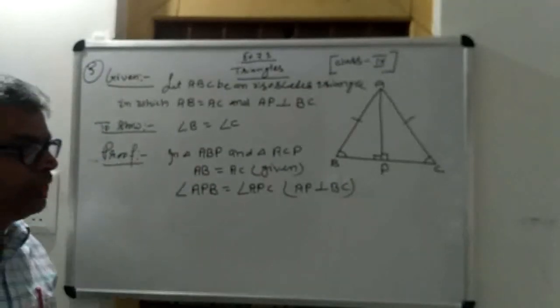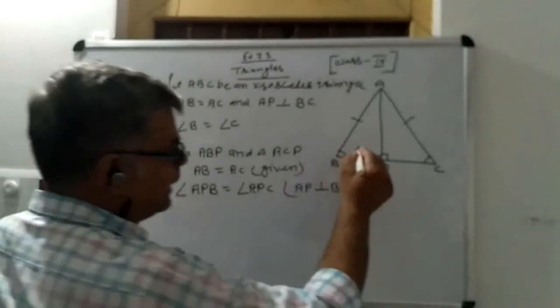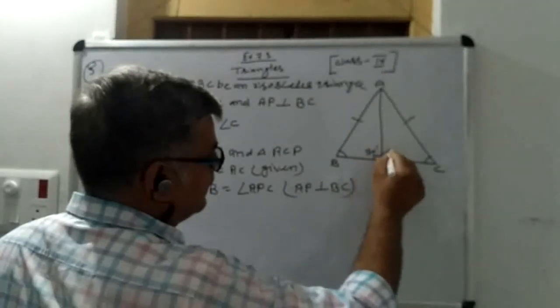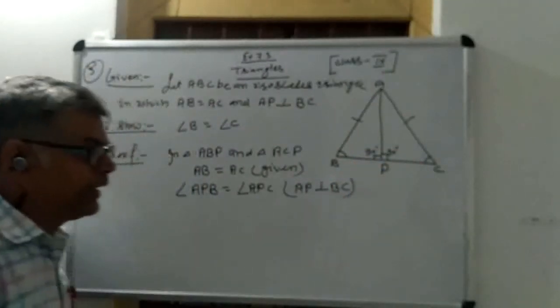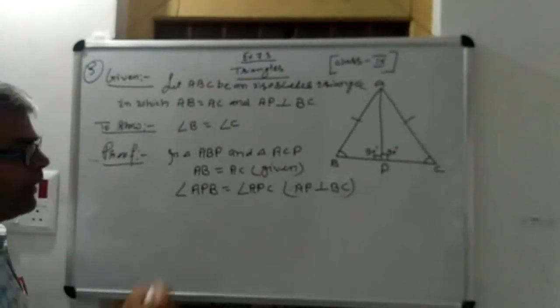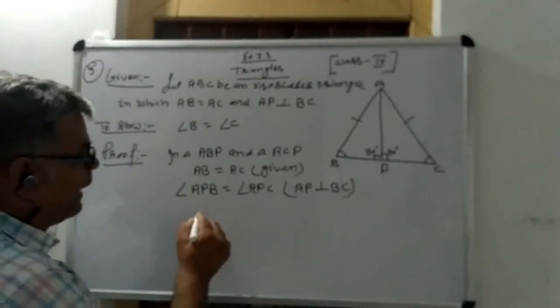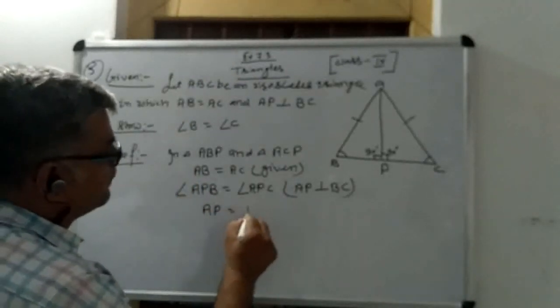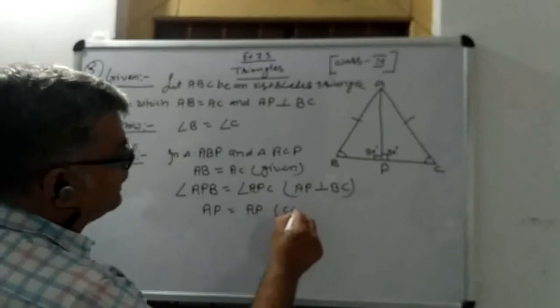So it will be of 90 degree both sides. This is 90 degree and this is also 90 degree. And third part you may take AP equals to AP, which is common.